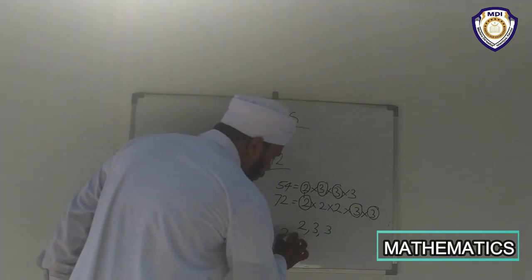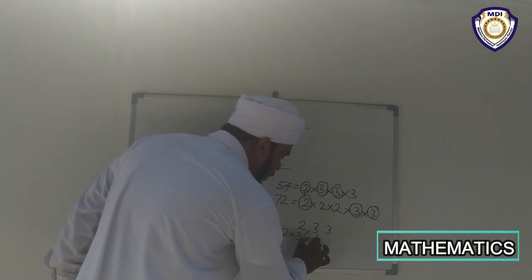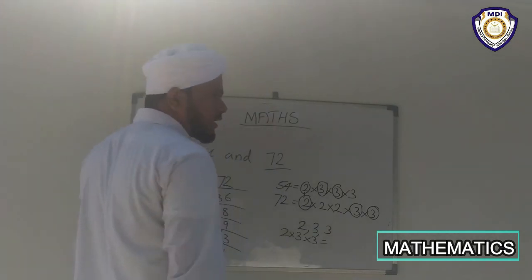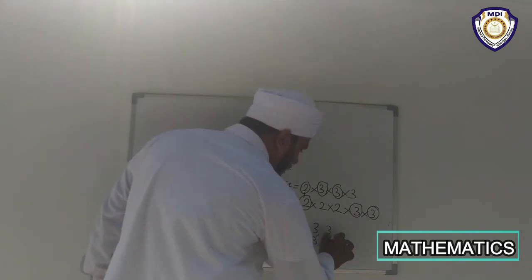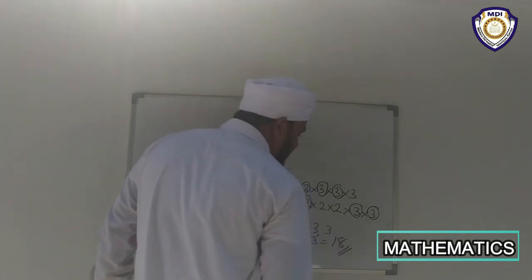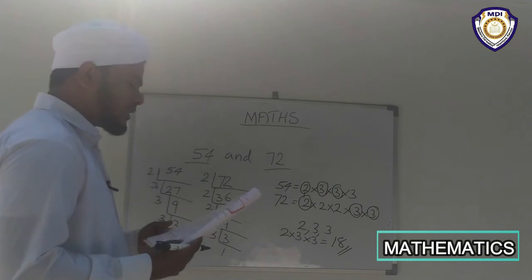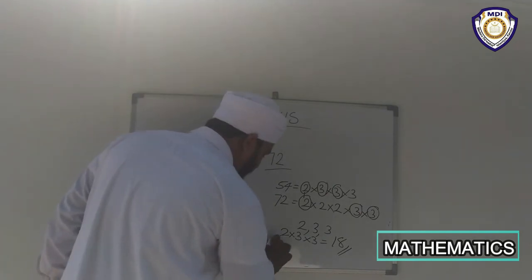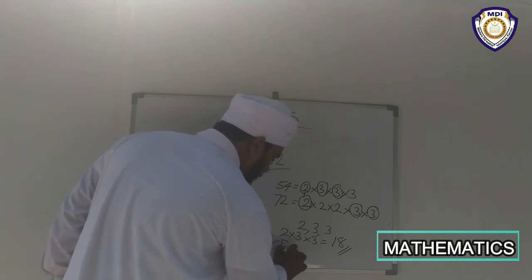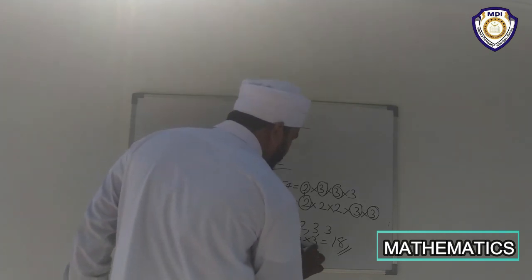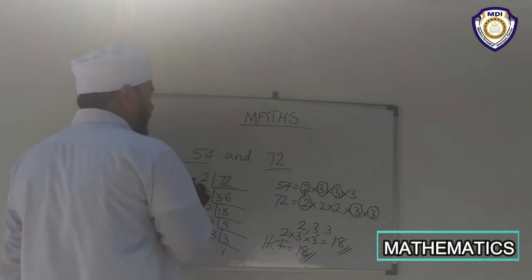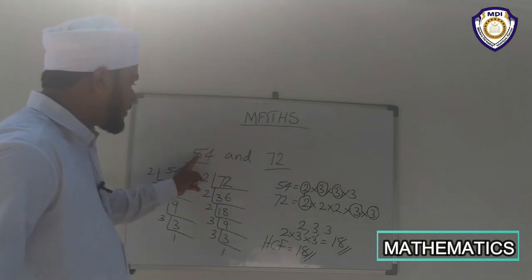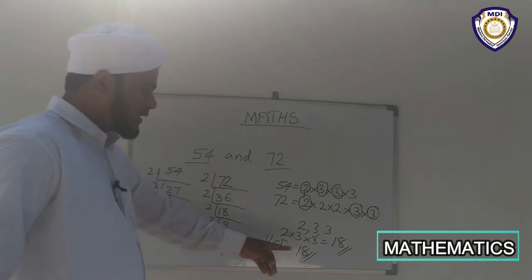Then 2 into 3 into 3. 2 into 3 is 6, 6 into 3 is 18. 18 is the HCF. Did you understand? The HCF of 54 and 72 is 18.